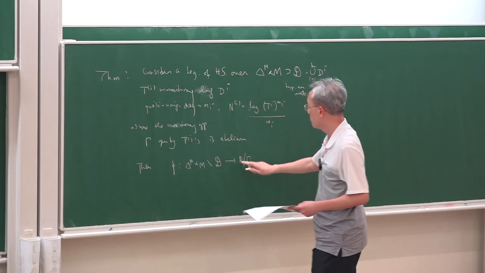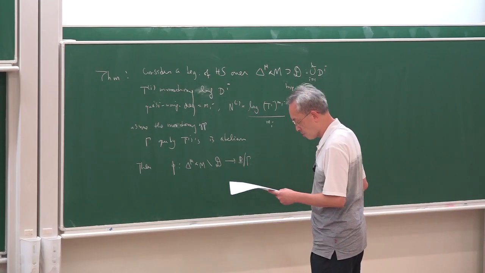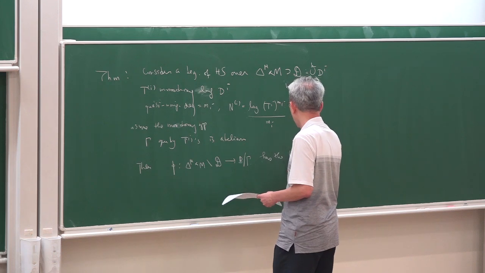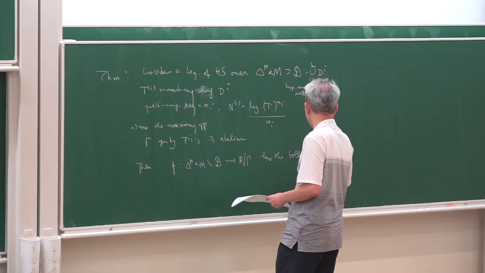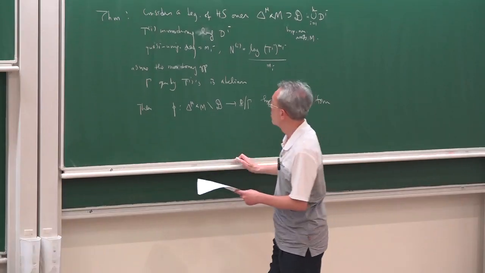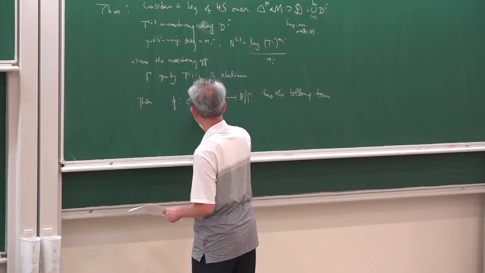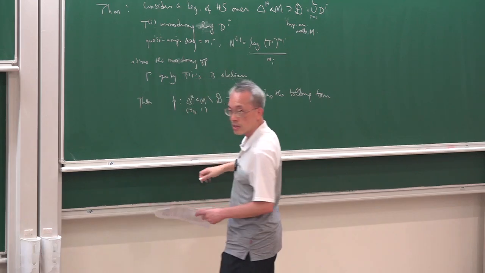That's a period domain. The quotient is by the monodromy group. That's the following. So that's called the coordinate here T and here S, just as we did last time.